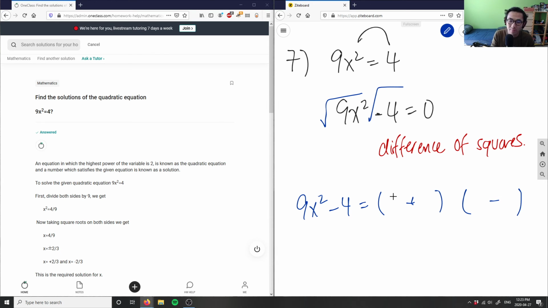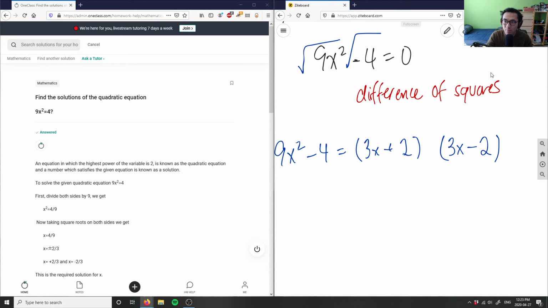If I square root the first term, I have 3x, and the square root of 4 is simply 2. So I've found my factors, and this equals 0 as well. So I have 3x plus 2 and 3x minus 2.